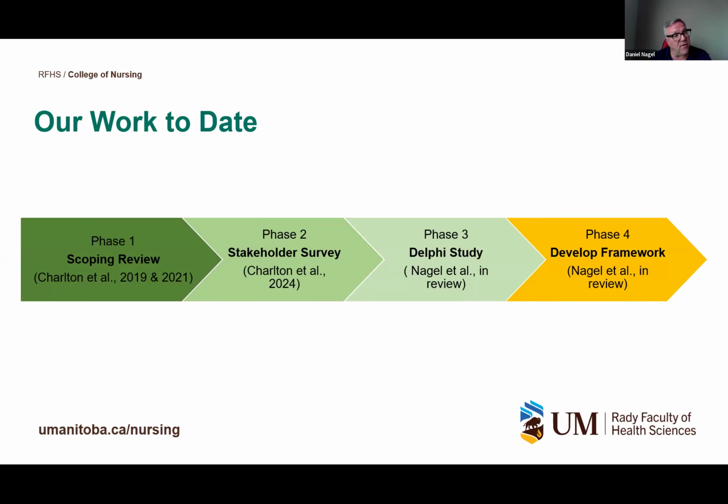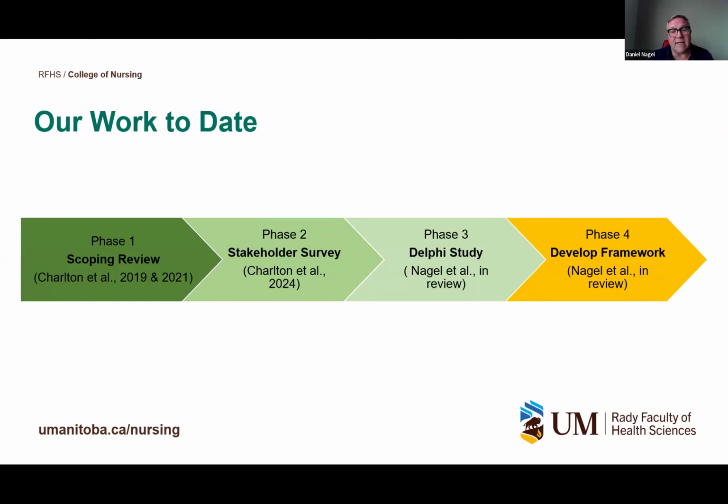And then we started to identify from the literature some of the things that existed or what was known about environmental scans, but we really didn't have any idea of how stakeholders, people who actually use them, felt about them and the barriers and challenges. So we actually did a study that was a survey, and we published those results in 2024. And then from that, we identified that people were looking for kind of a common definition and some kind of a recipe in how to approach environmental scans.